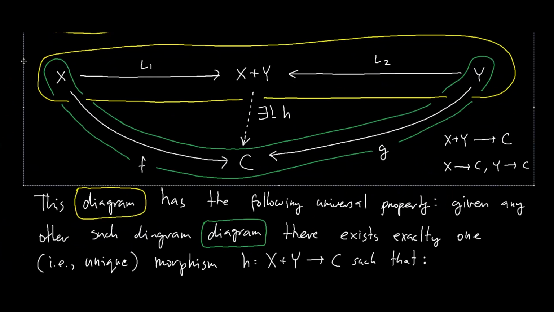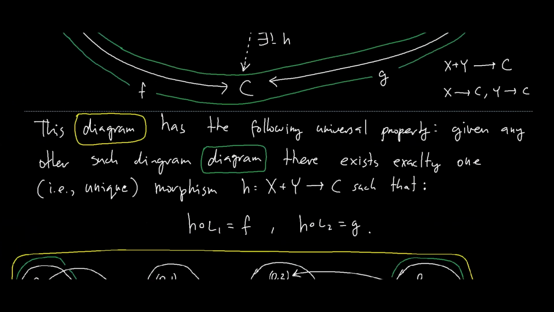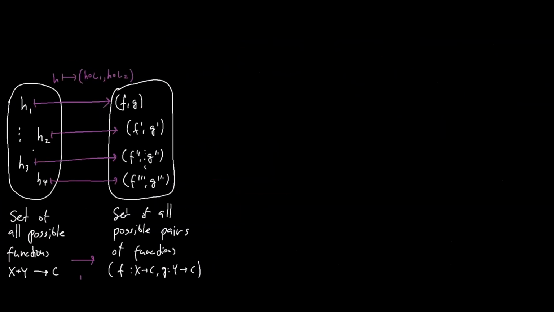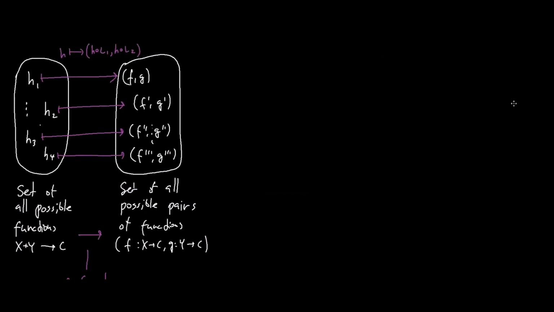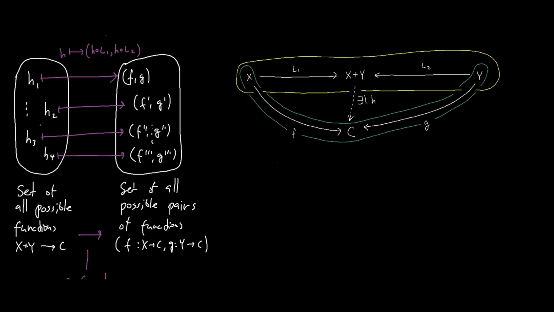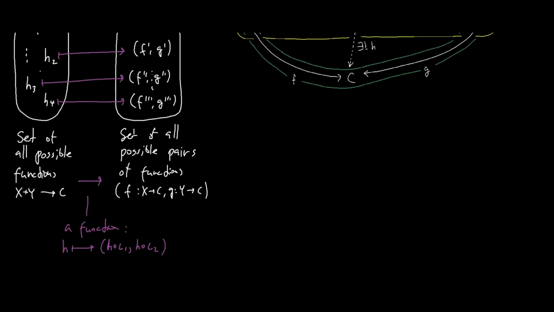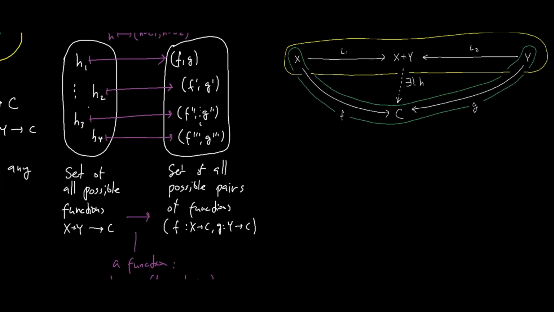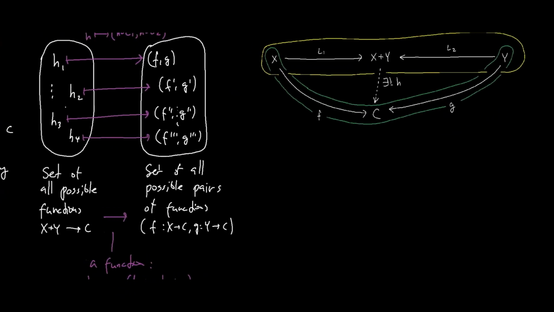Such functions. Let me copy this picture, put it on the side here. So this set, the left-hand side one here, is denoted by c to the power x plus y, because they are functions from x plus y to c. Whereas on the right side, we've got pairs of functions.